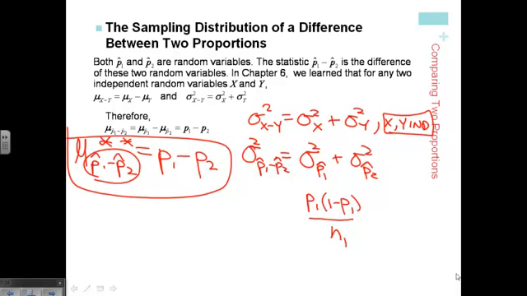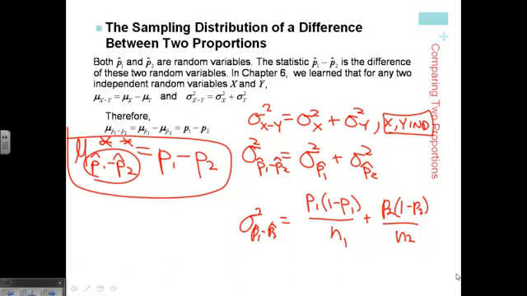The square of something would take the square root away. Sound good? And then what is going to be the variance of p hat 2? Well, I think it would be P2 times 1 minus P2, all over N2. And that would equal the variance of p hat 1 minus p hat 2.